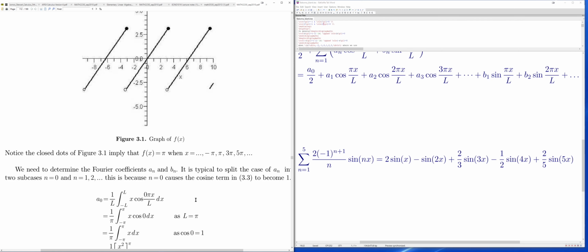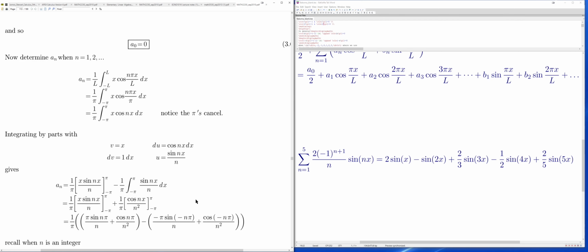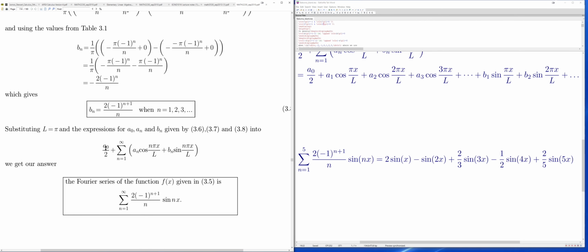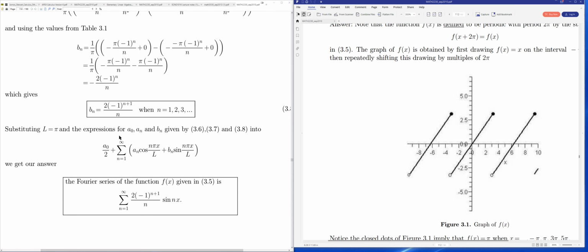But the idea is that at a basic level, the Fourier series that we got is really the same as this function here, except possibly at a couple of points.